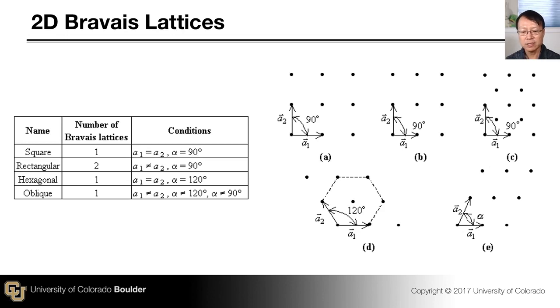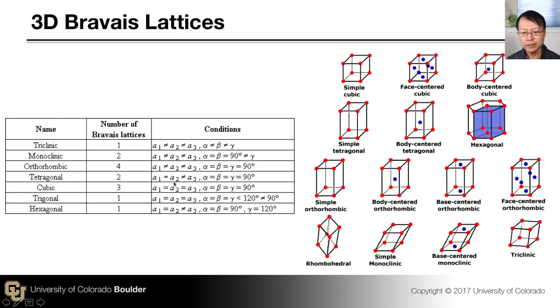And each lattice is characterized by the size of the unit vectors and the angles between them. In 3D, there are more lattices. There are a total of 14 Bravais lattices, and they are shown here. The most important lattices for semiconductors are the face-centered cubic lattice, shown here, and the hexagonal lattice, shown here.